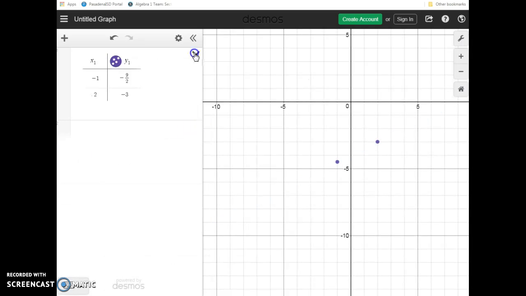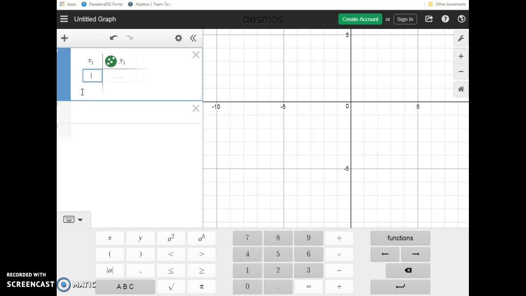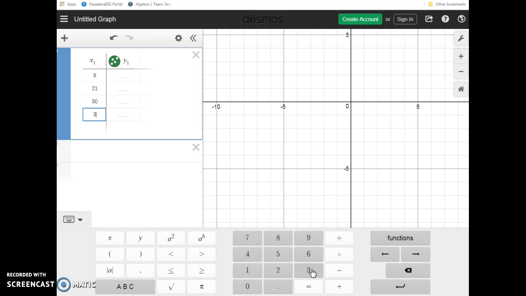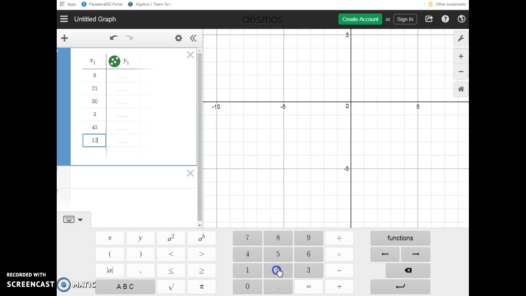Okay, so we're going to add a table and start typing our numbers. 9, enter 21, enter 30, enter 3, enter 45, enter 12, enter 27, and 6.